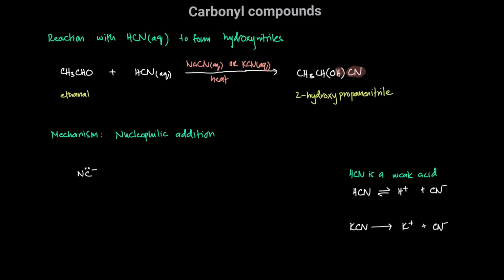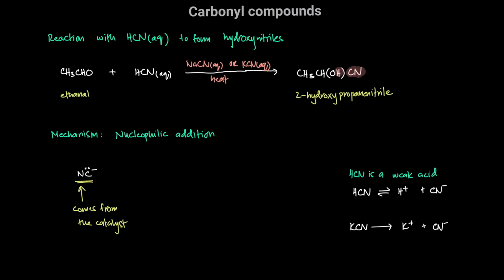It's a weak acid. On the other hand, because your catalyst, KCN or NaCN, ionizes completely, we can assume that the cyanide ion comes from the catalyst, because that's your primary source of cyanide ions.